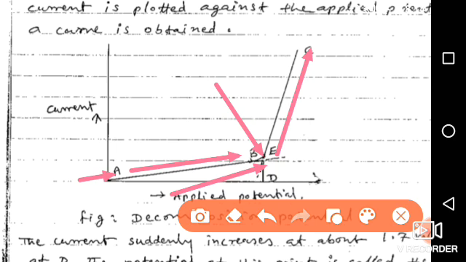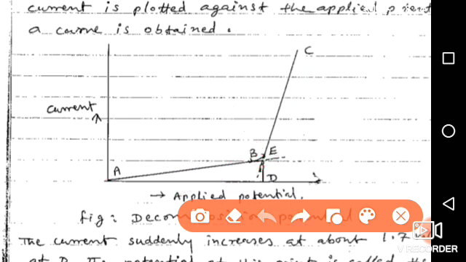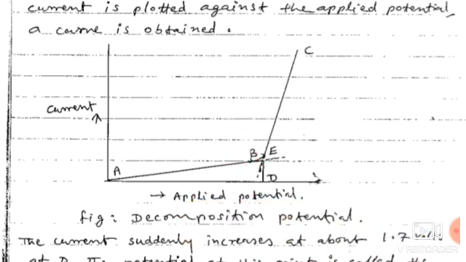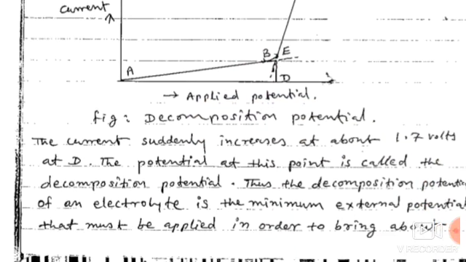This potential is nothing but the decomposition potential. Point D is the decomposition potential, at which the current suddenly increases, at about 1.7 volt.